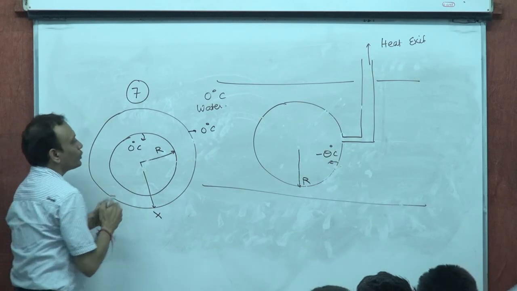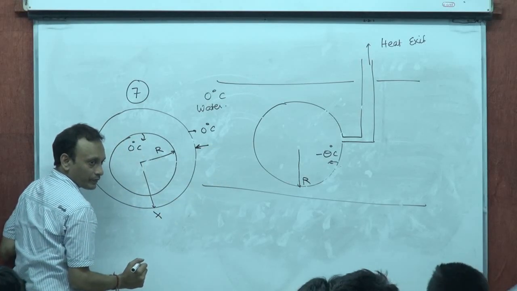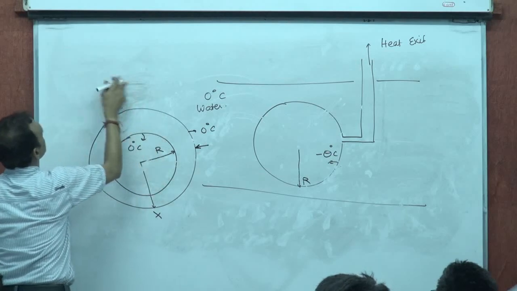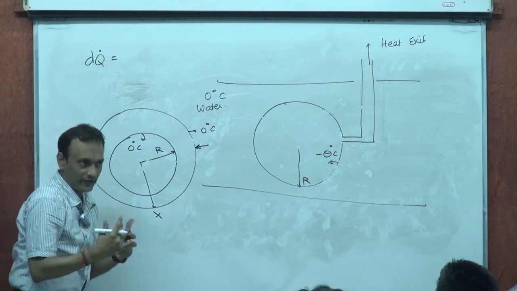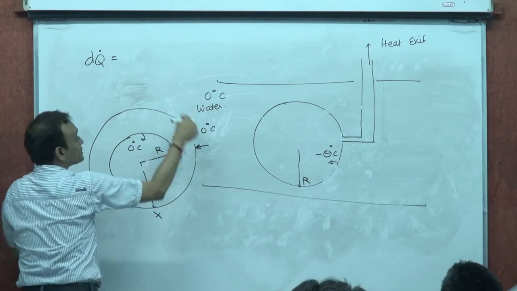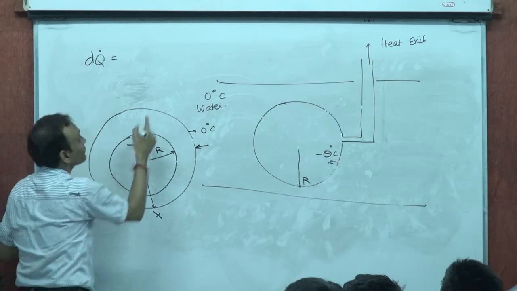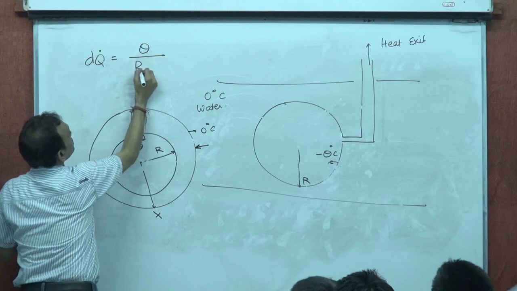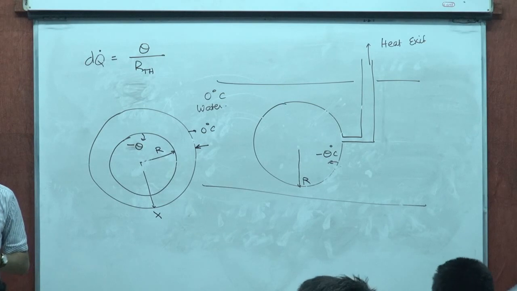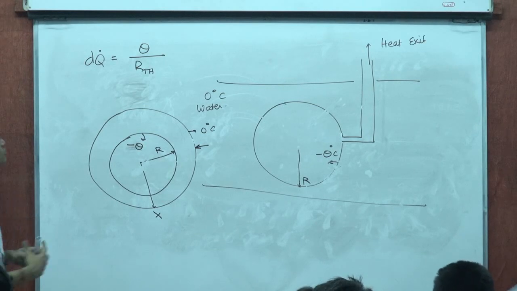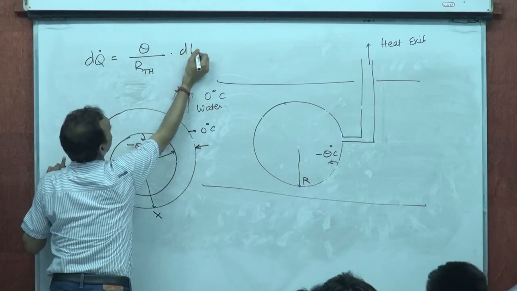Now, what's the heat flow rate through this in a small time dt? dq dot times dt is going to be the temperature difference, 0 minus minus theta, so theta, divided by the thermal resistance of the sphere, times dt.